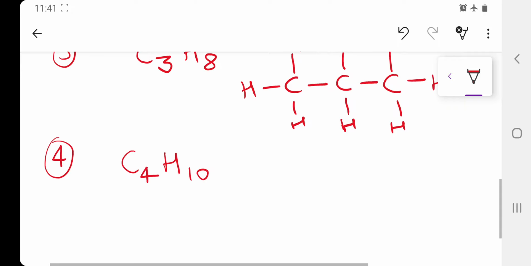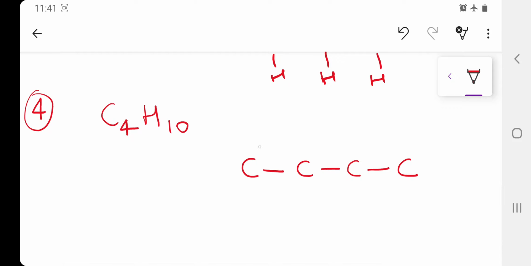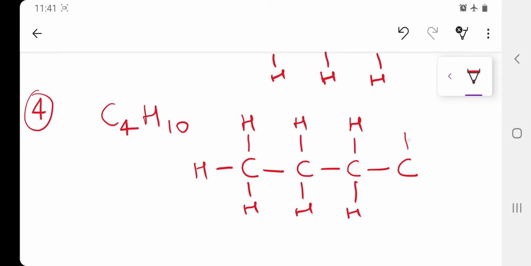Then the fourth one is C4H10. This can be represented as this chain, 1 2 3 4, a straight chain like this. Then we give 8 hydrogens by giving 3 hydrogens to this carbon, 2 hydrogens to this carbon, again 2 hydrogens to this carbon, and again 3 hydrogens to this carbon.